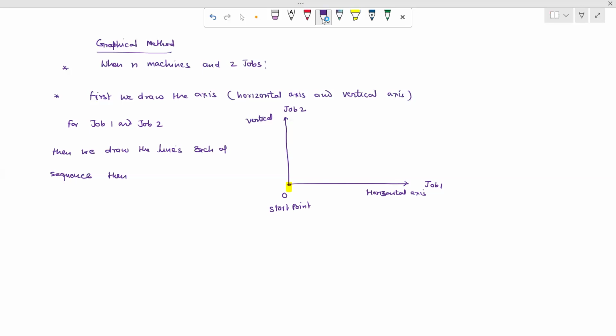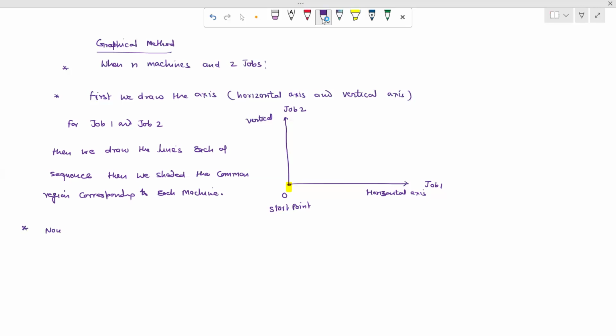Then we shade the common region corresponding to each machine. We find the common region between two machines, and then we shade that region. We do not cross that region. So this is the first point.